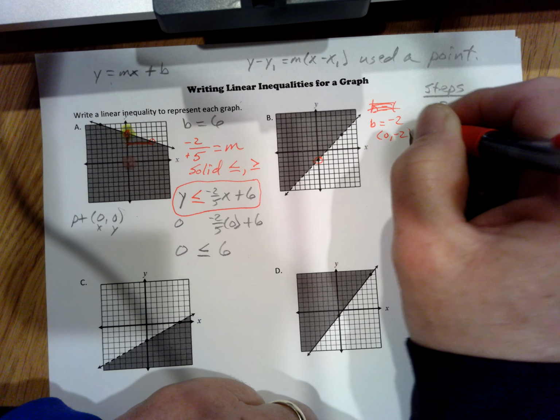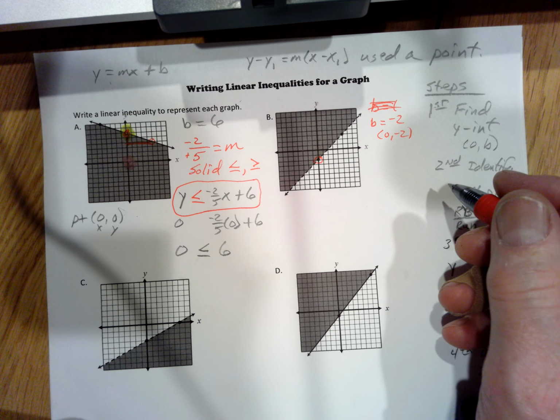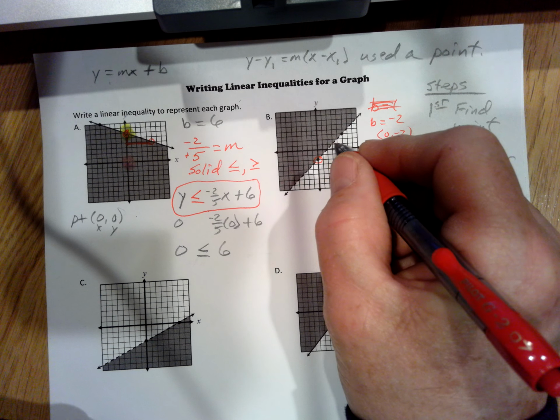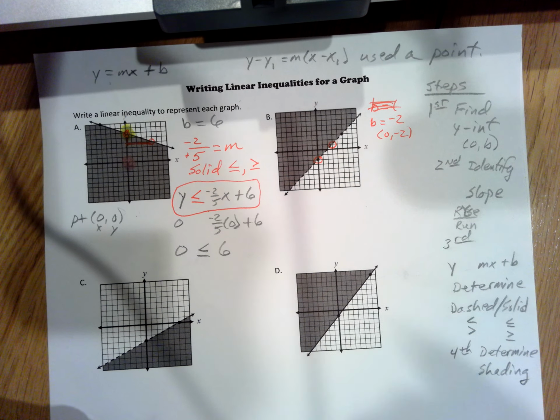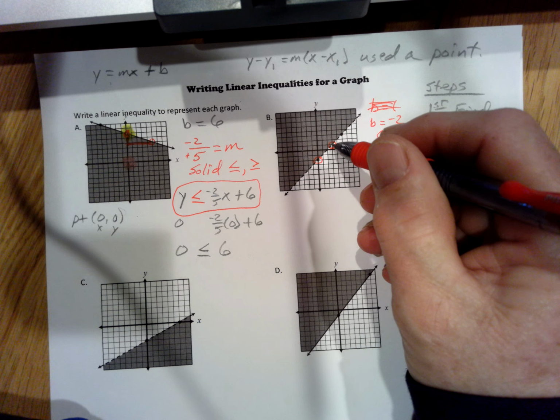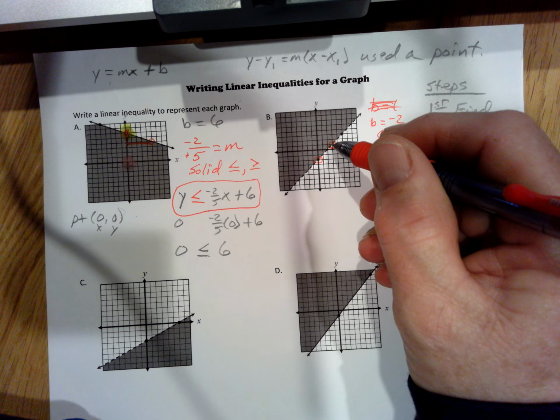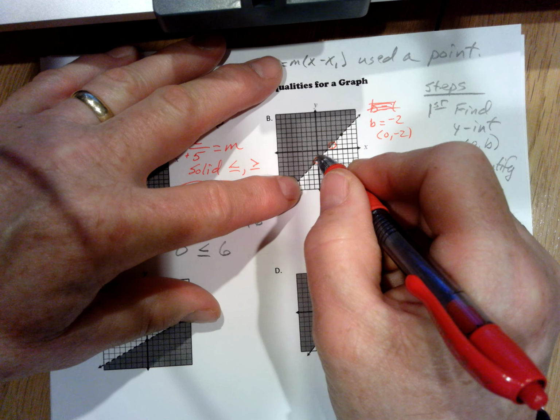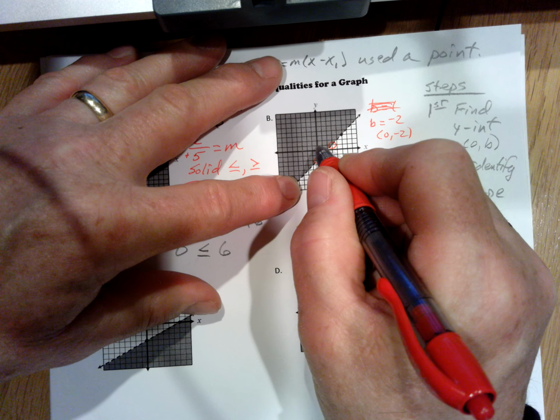My slope. When I'm looking at this line, I'm looking for where it crosses through a clean intersection point. I can see it's going through that point right there. I'm going to count up 1, 2, 3. So it's up 3.